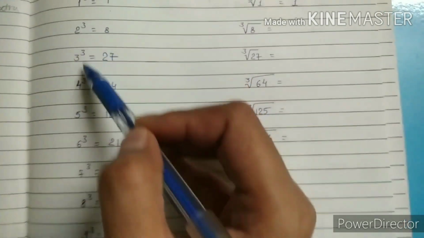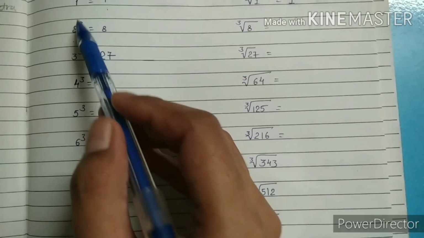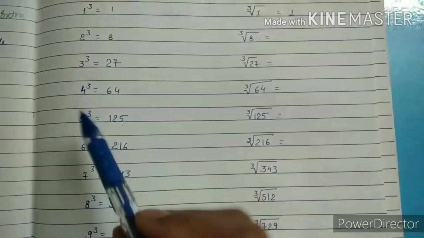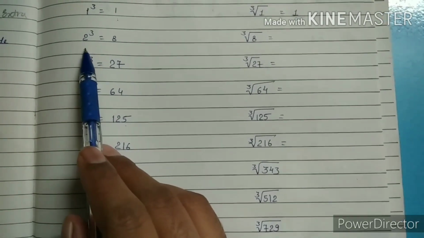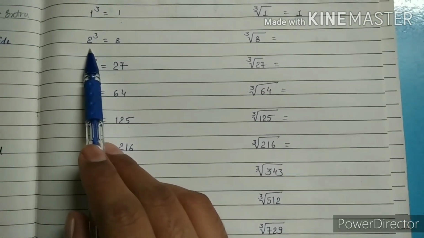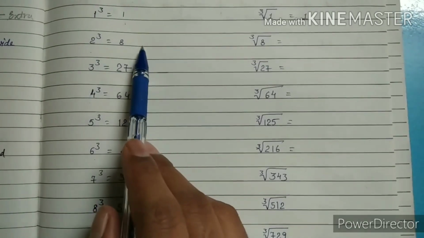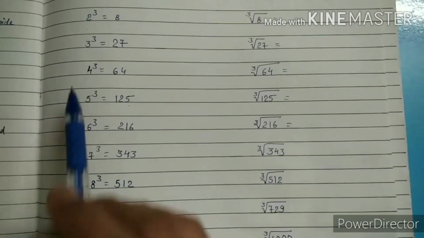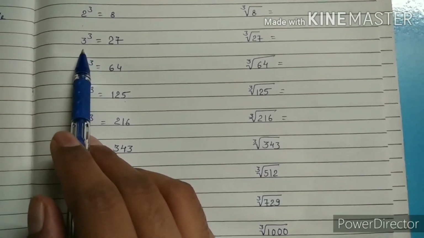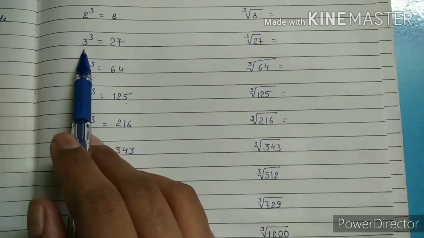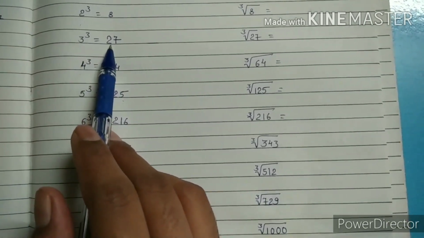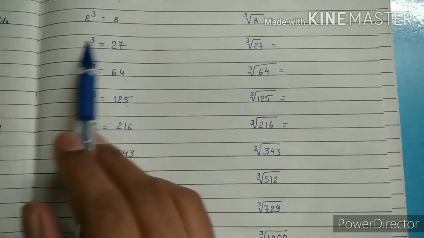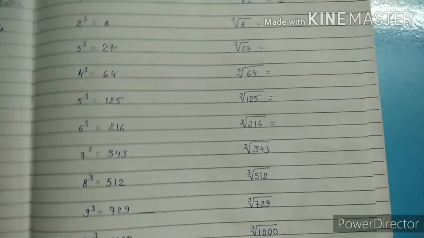So whenever the unit place of the number is 1, the unit place of its cube is also 1. When the unit place of the number is 2, the unit place of the cube is 8. When the unit place of the number is 3, the unit digit of the cube is 7. So the same thing continues.